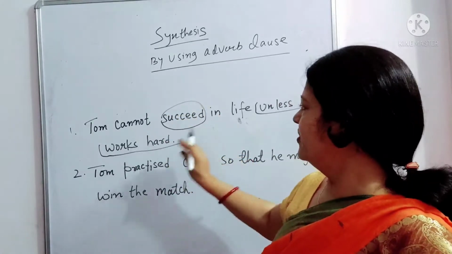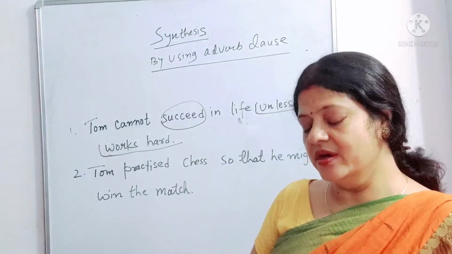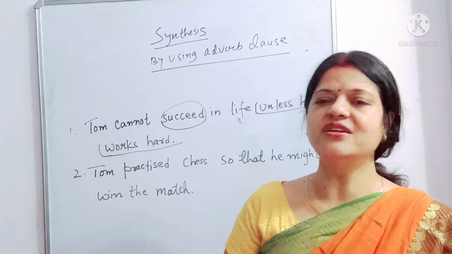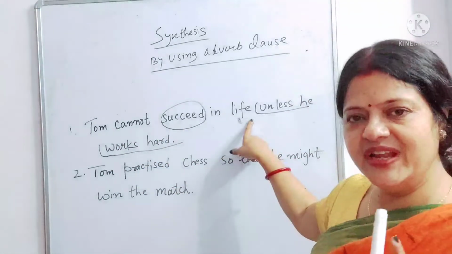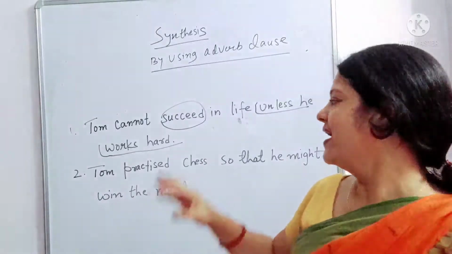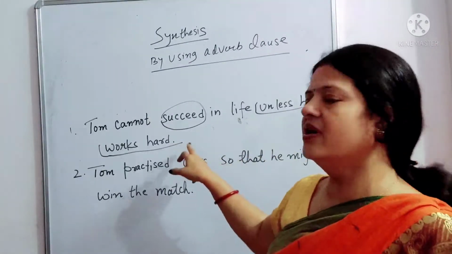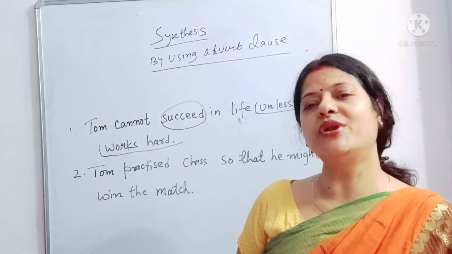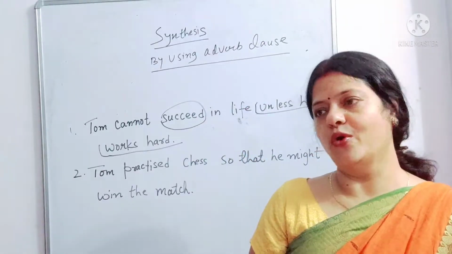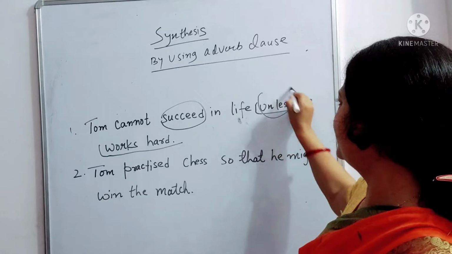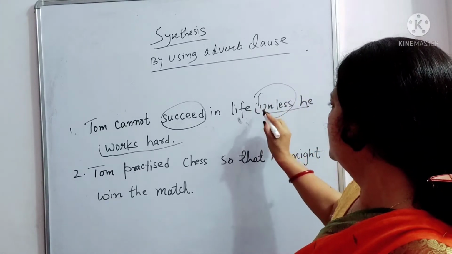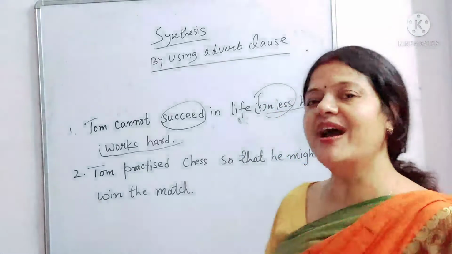We have two clauses here, one main clause and the other a subordinate clause. Tom cannot succeed in life is the main clause, and after that, unless he works hard is a subordinating adverb clause which starts with the subordinating conjunction unless.